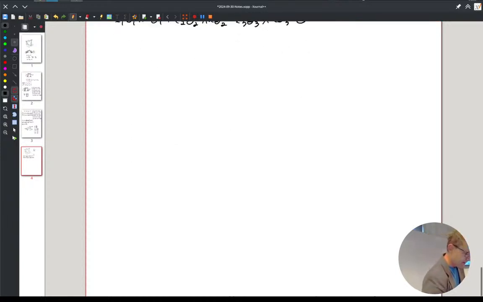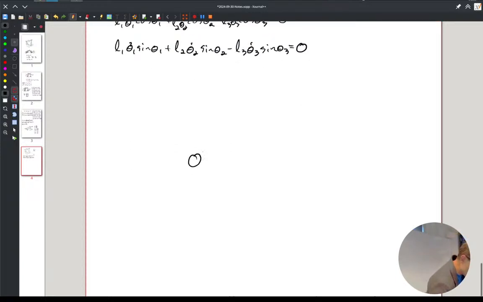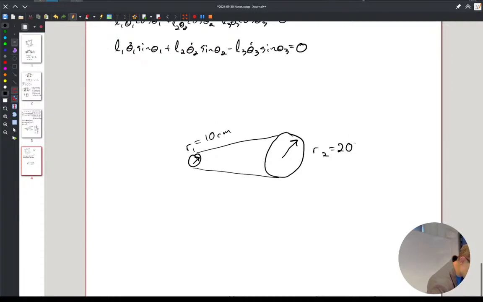Like if you have a gear ratio, R1 is 10 centimeters, R2 is 20 centimeters, then maybe that ratio of R2 over R1 is going to be the same difference in speed from rotation of one to rotation of the other.